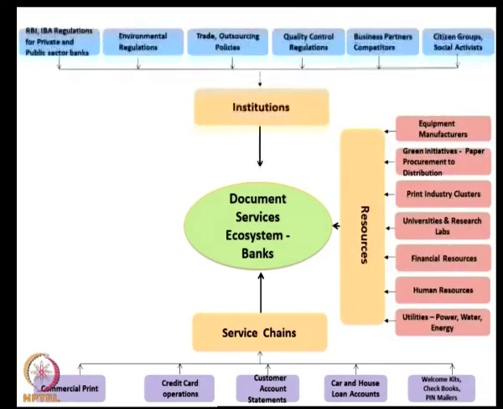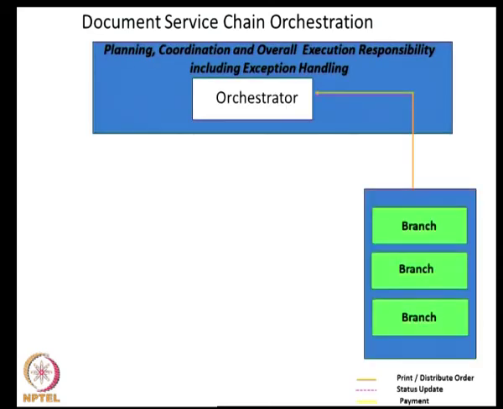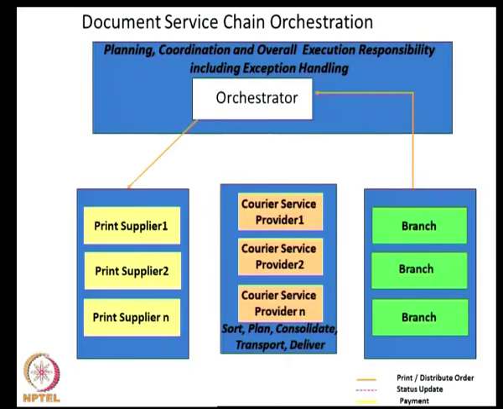You can write down the ecosystem for this, and you can orchestrate the entire thing. There is an orchestrator, which can be the bank or somebody else, and there are the print suppliers and courier providers, and it goes to all the branches.